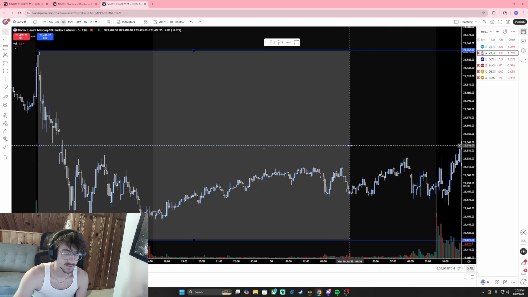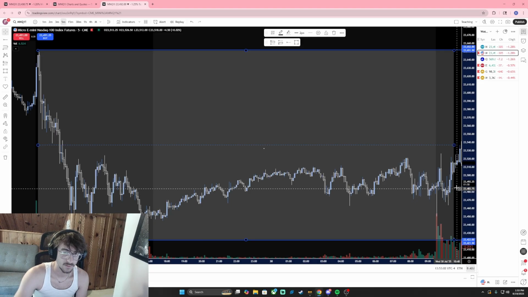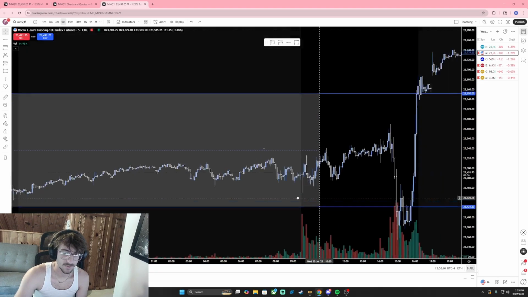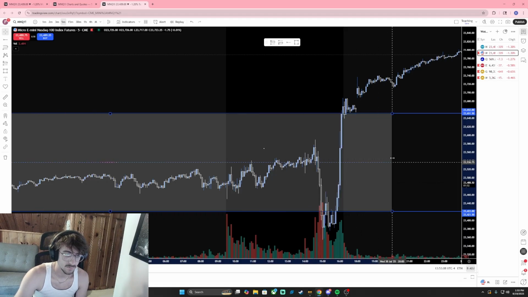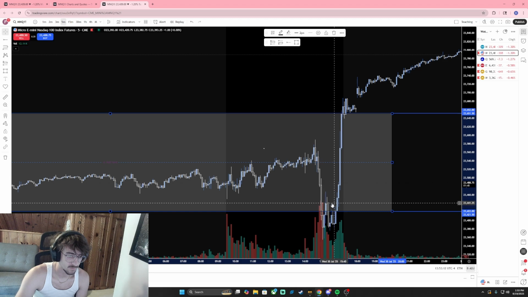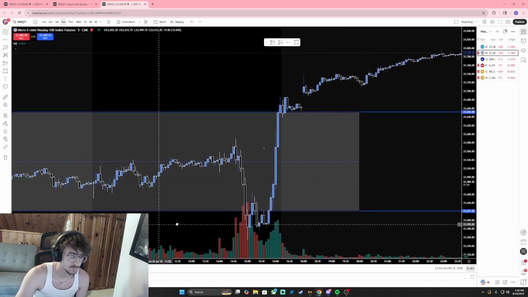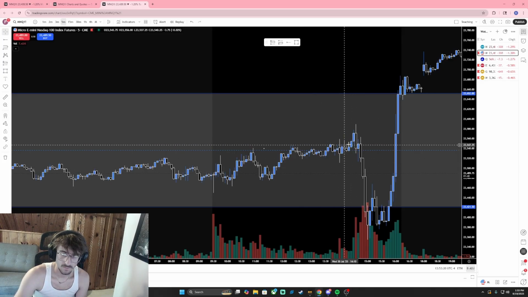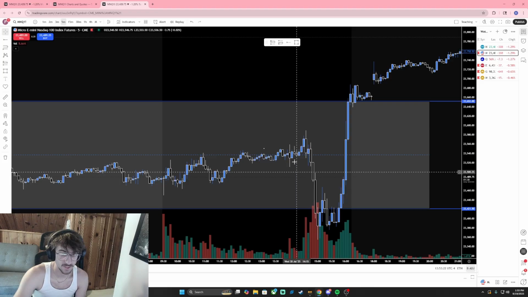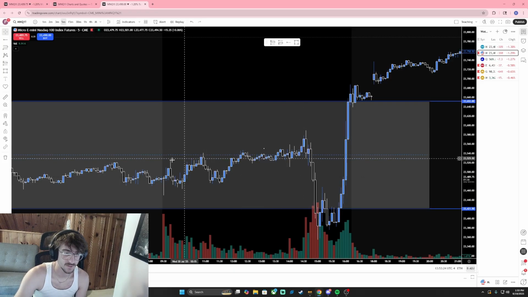So let's see if I can find an example of my bias working. Actually, this is a garbage day. What day is this? Look at this price action. This is just straight consolidation all day long. Well, the Asia session kind of showed me what I wanted to see, but this is absolute garbage price action.